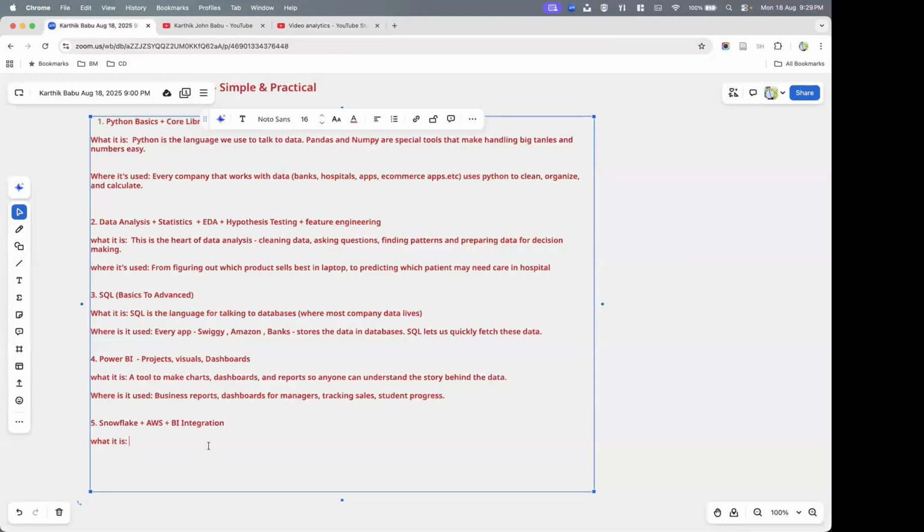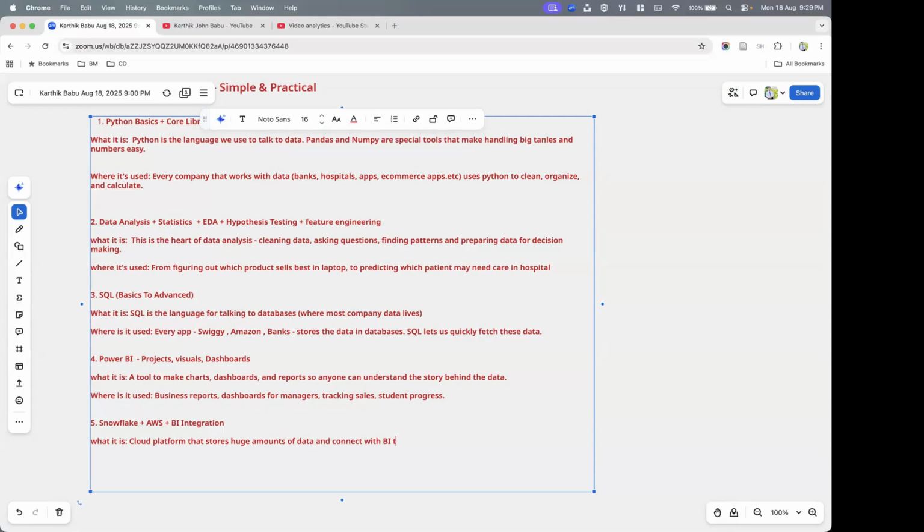So if you want to do a project in real time, most of the companies have their data in the cloud. So for that, you need to have some understanding of Snowflake, AWS, and BI integration. So cloud platforms store huge amounts of data and connect with BI.